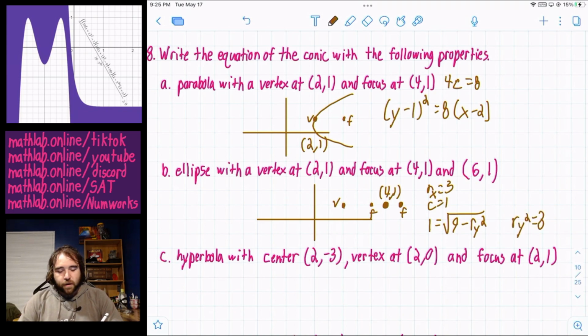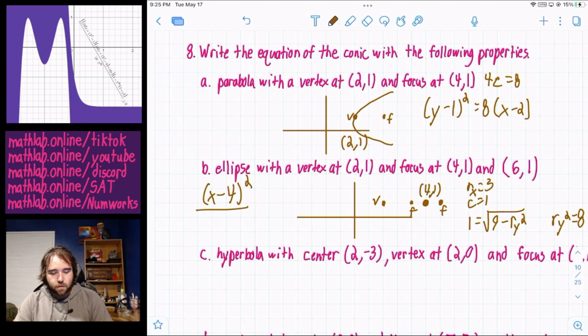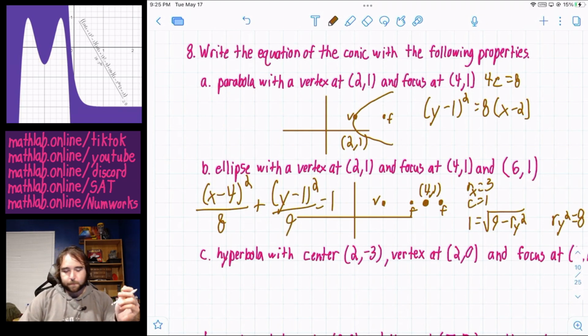So then Ry squared has to be 8. So we know our equation then. That's x minus 4 squared over 8 plus y minus 1 squared over 9.